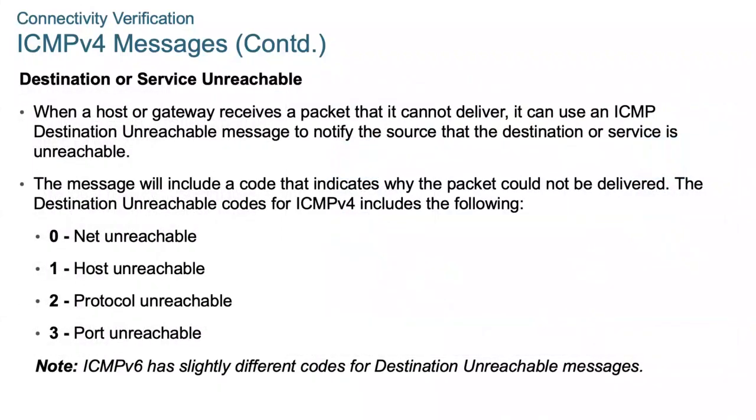In ICMP version 4 messages, it gives destination or service unreachable messages. That is the event which occurs with an error, suppose. So what happens when a host or a gateway receives a packet?